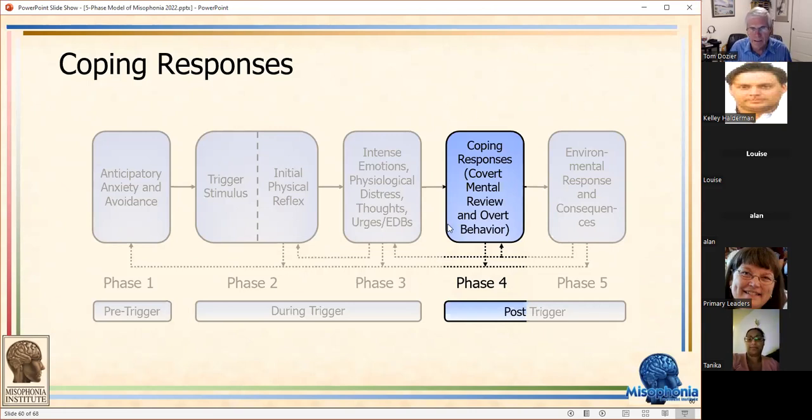And this phase can go on for more than 24 hours for some people, right? Some people are triggered, the trigger stops, and in a minute they're gone, they're fine, carry on with life. Some people, this really lingers a lot.